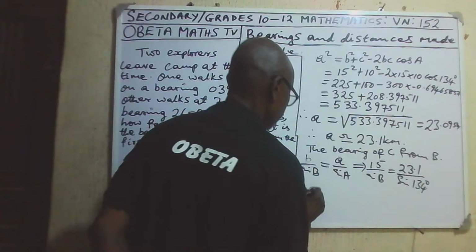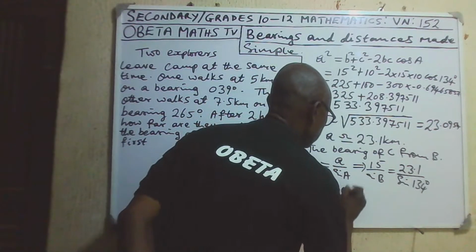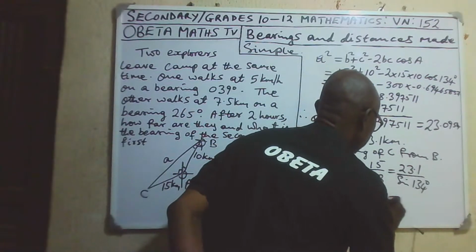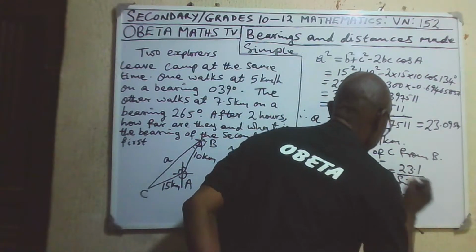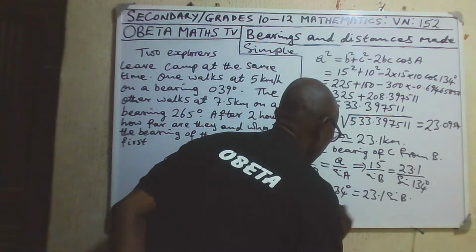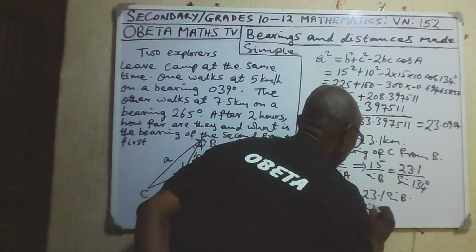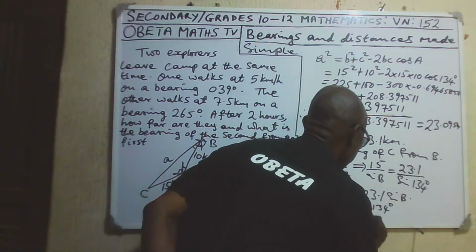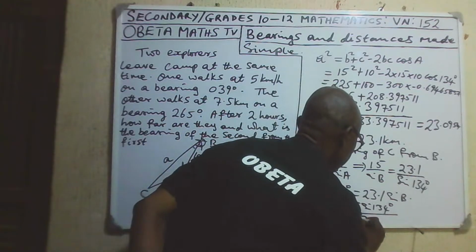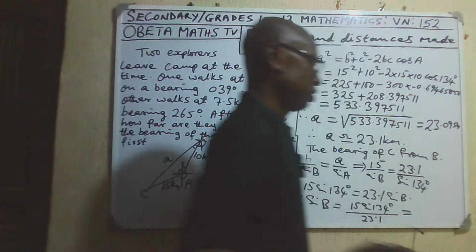From here we have 15 sine 134 degrees equal to 23.1 sine B, so that sine B is equal to 15 sine 134 divided by 23.1.